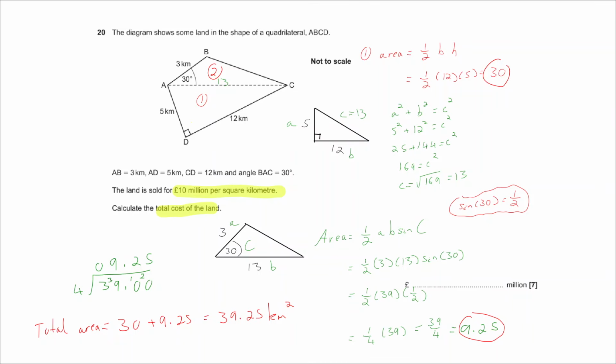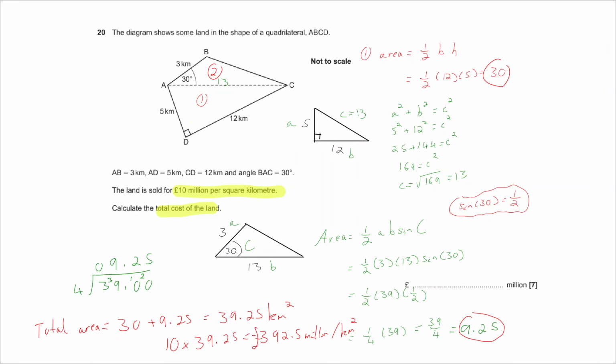So you can do your 10 million times 39.25, which will give you 392.5 million. Okay, million per kilometre squared. And this should be your answer.